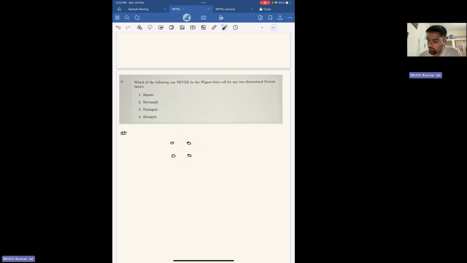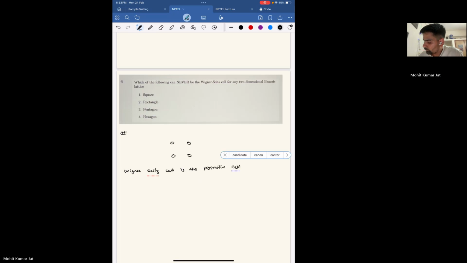The Wigner-Seitz cell is the primitive cell containing one lattice point, right?